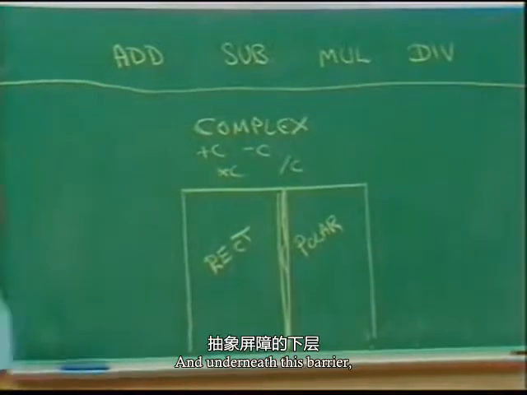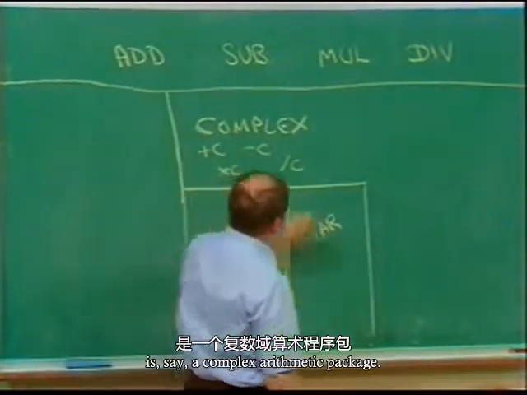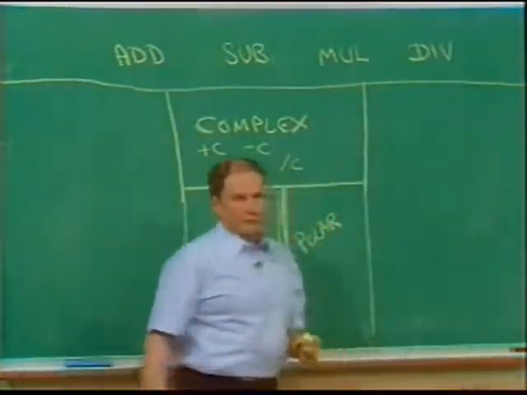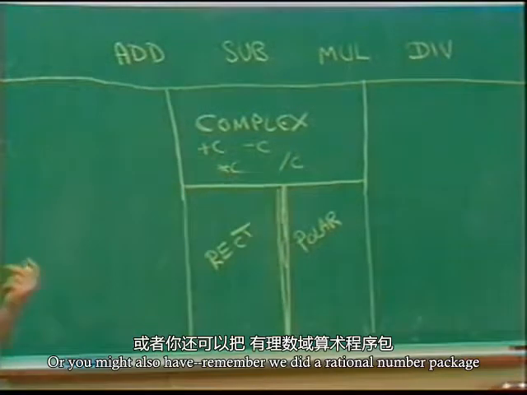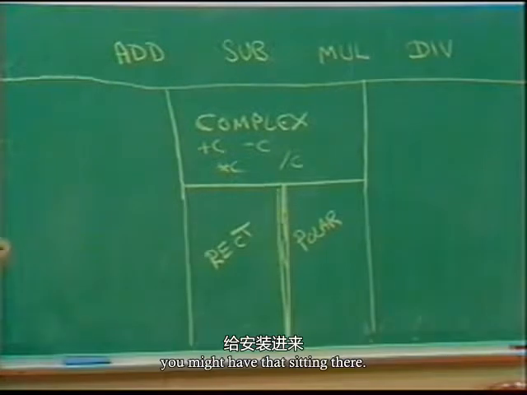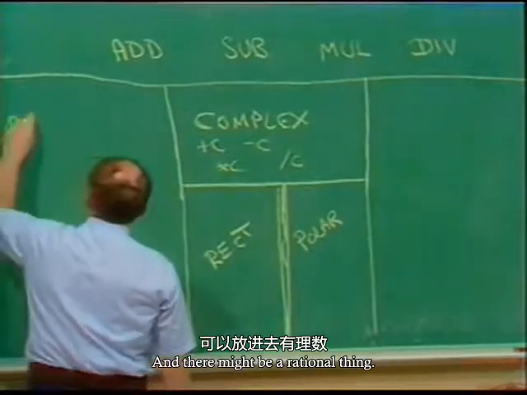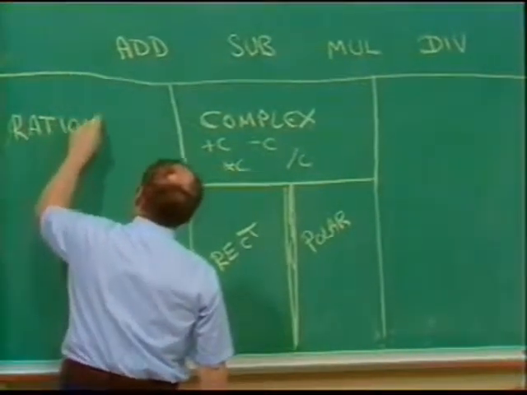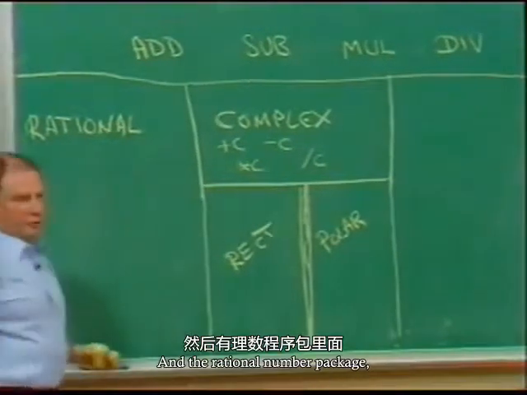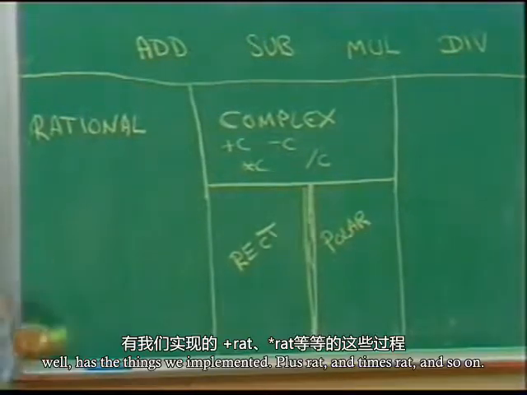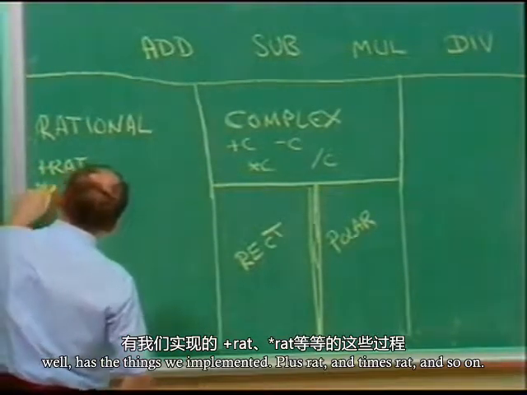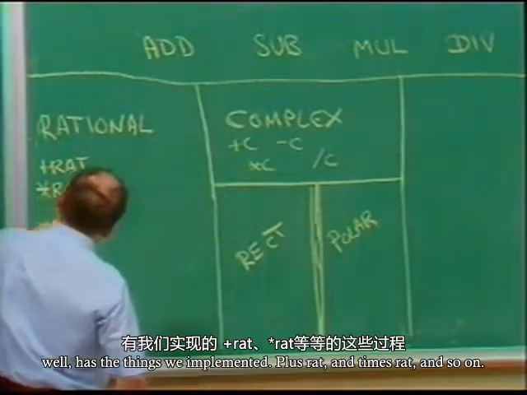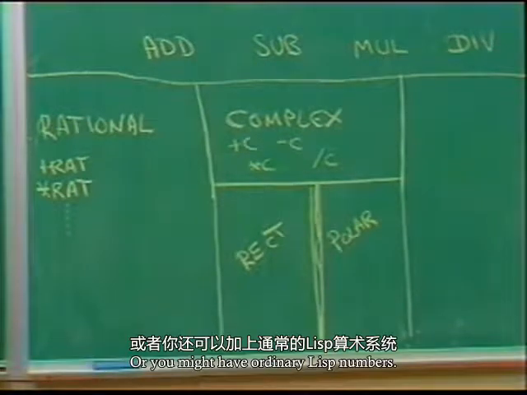And underneath this barrier is, say, a complex arithmetic package. And you can say add two complex numbers. Or you might also have, remember we did a rational number package, you might have that sitting there. And there might be a rational thing. And the rational number package has things we implemented, plus rat and times rat, and so on. Or you might have ordinary Lisp numbers.